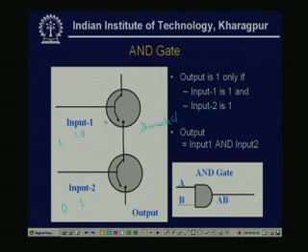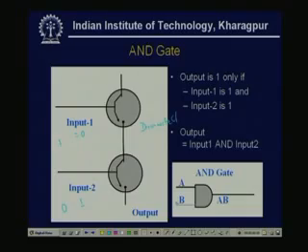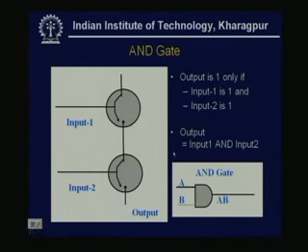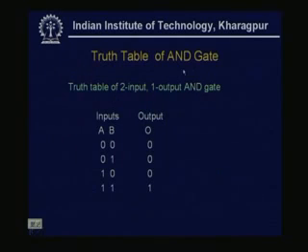Now if we represent this in truth table fashion, we describe the input output relation using the notation of zeros and ones, where 1 means some high voltage and 0 means some low voltage, but instead of voltage levels I am using 0 and 1, and that we have defined as the truth table. So see the truth table of the AND gate. This is a 2 input, 1 output AND gate.